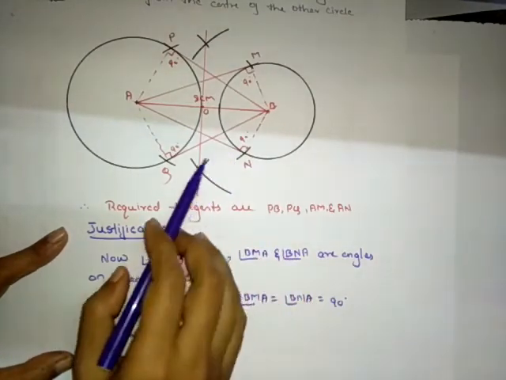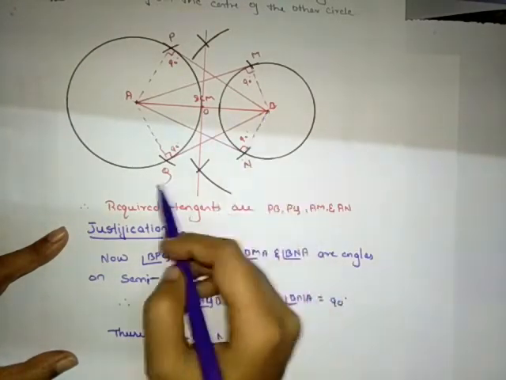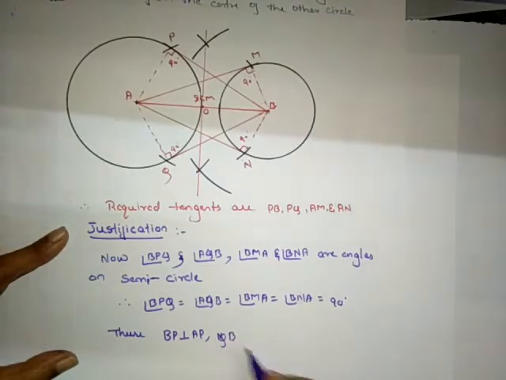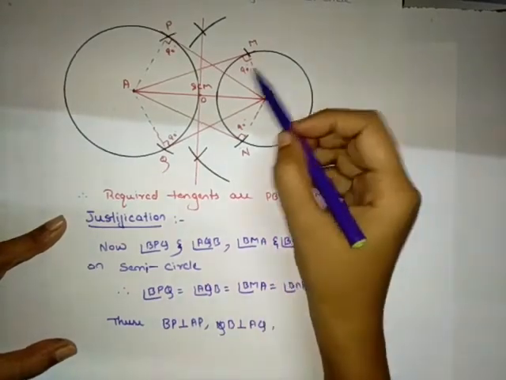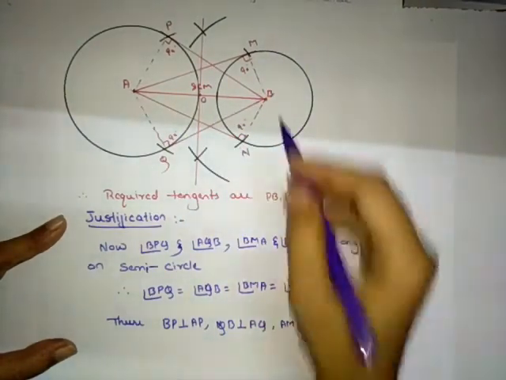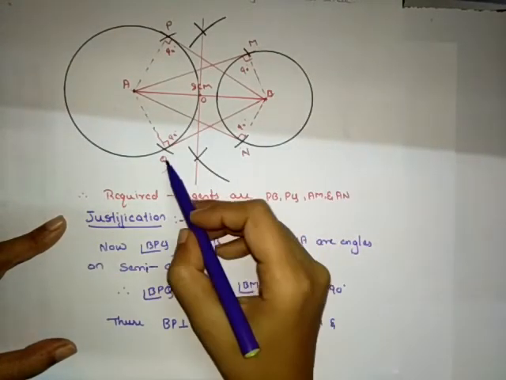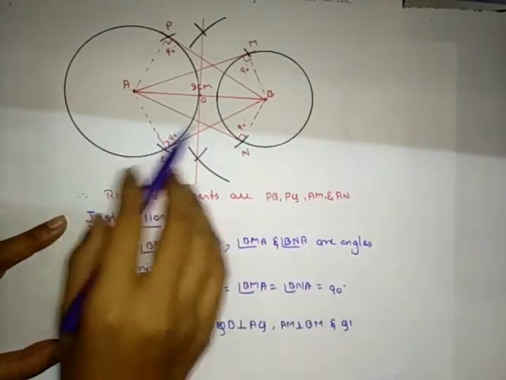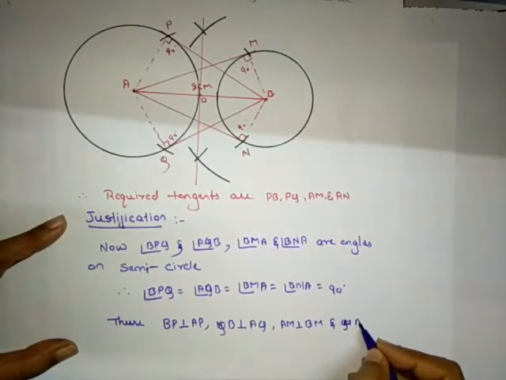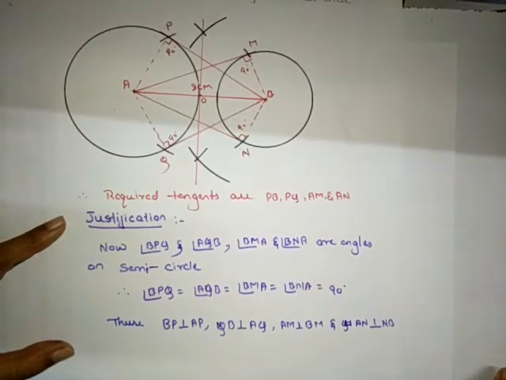And one more, tangent BQ or QB is perpendicular to the radius AQ, and tangent AM is perpendicular to the radius BM, and AN perpendicular to NB. Right? Thus we can say that these are the tangents. These all are the tangents here.